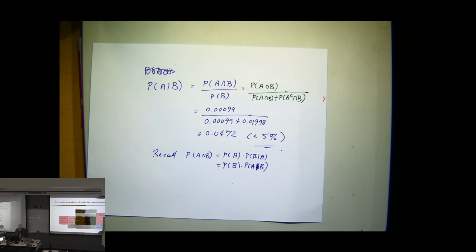There's what our numbers would be like. We would have 30,000 people with the disease, of which almost all of them would test positive. Only 300 of them would test negative. There'd only be 300 testing negative out of all those 30,000 people with the disease.